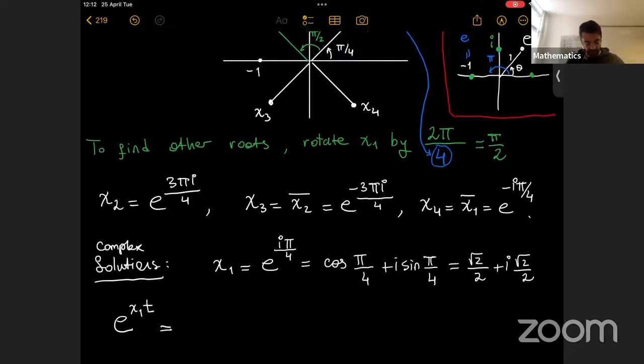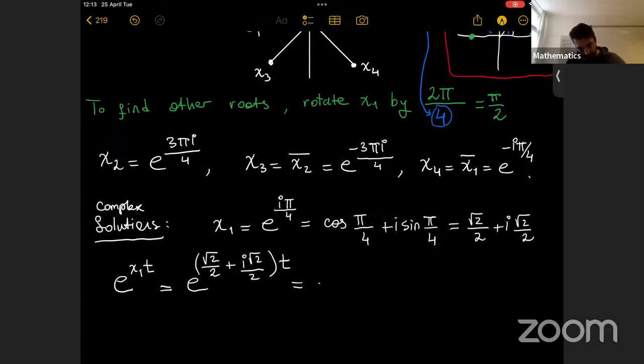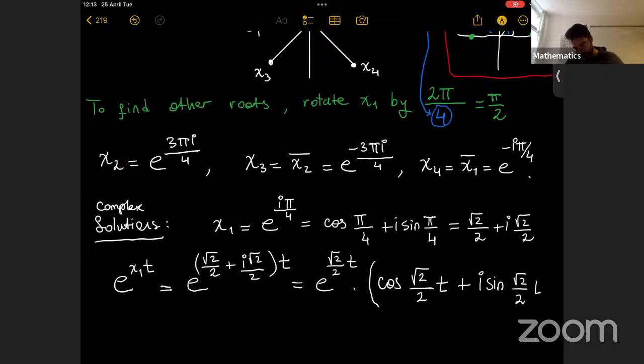So e to the lambda 1 t is e to the root 2 over 2 plus i root 2 over 2 times t, which is basically e to the root 2 over 2 t times the imaginary part now, cosine root 2 over 2 t plus i times sine root 2 over 2 t, right?